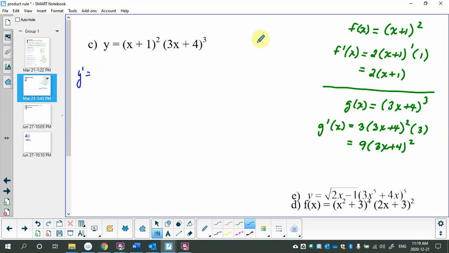So the derivative of the front sitting here: 2 bracket x plus 1 times the plain old back, which is sitting here. Plus sign, big monstrous plus sign. Derivative of the back sitting right here in its cleanest form.